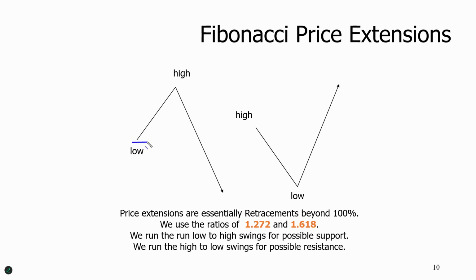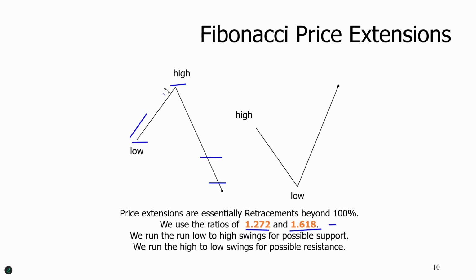Typically, you're still using the Fibonacci retracement tool in your program, but you're adding the ratios that extend beyond 100%. So basically, we're using 1.272 and 1.618, and then also occasionally 2.618, like in the case of a third target for any of the trend trade setups.